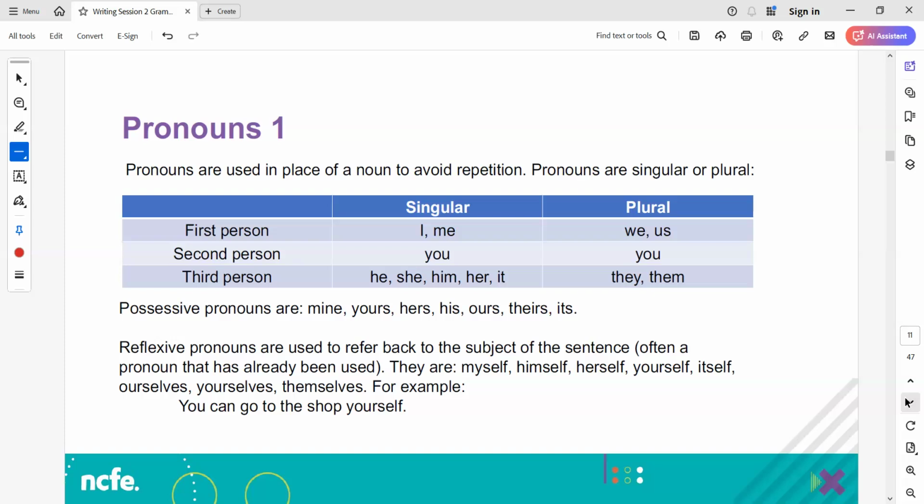And reflexive pronouns are used to refer back to the subject of the sentence, so often when a pronoun's already been used. Myself, himself, herself, yourself, itself, ourselves, themselves. For example, you can go to the shop yourself.